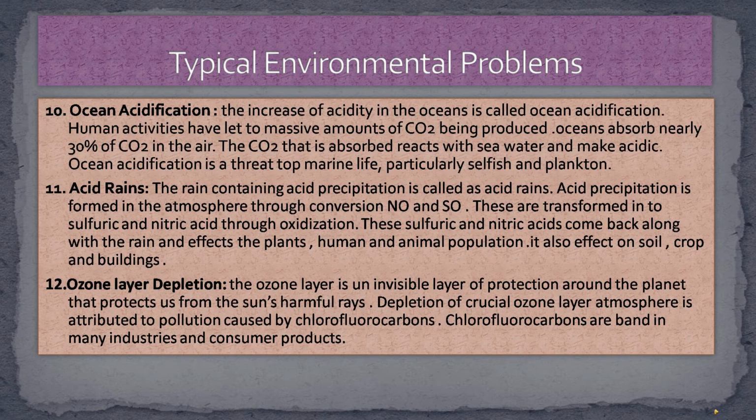Depletion means decrease of the crucial ozone layer in the atmosphere, attributed to pollution caused by chlorofluorocarbons. Chlorofluorocarbons are banned in many industries and in consumer products. So ozone layer depletion is also another environmental problem.